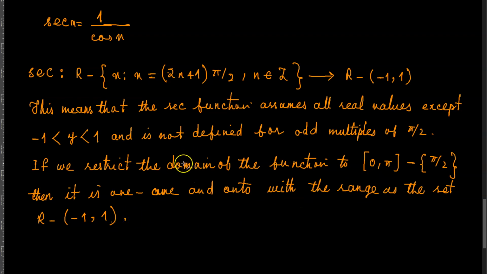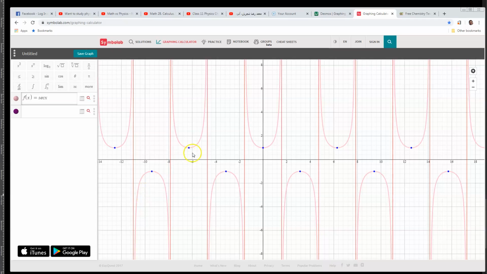Now, of course, you can basically pick any domain that you want, really, but the way that it's been defined is from 0 to pi, meaning that from this point all the way up to this point, and then pi by 2 has been taken out. Just as we have defined this domain, you can define any other domain, like, for example, negative pi to 0, and take this negative pi by 2 out.